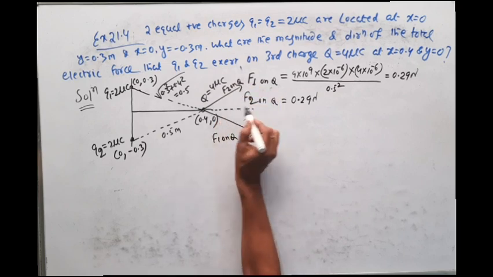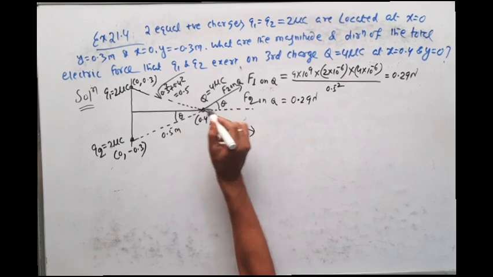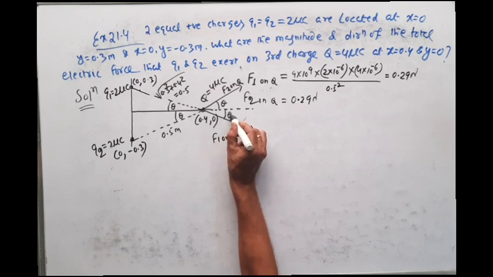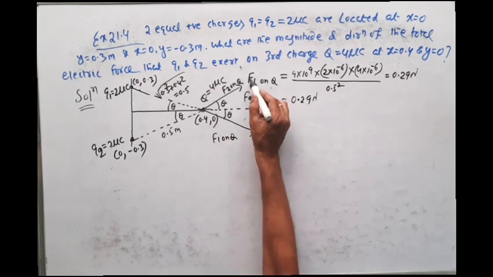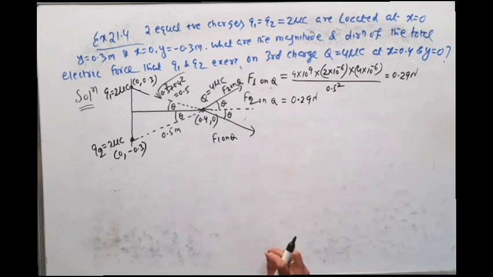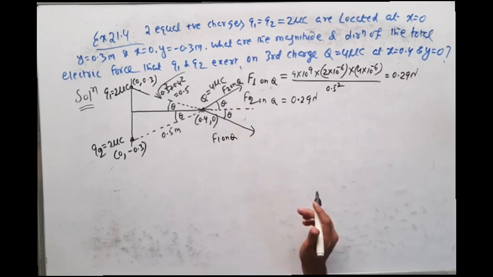So just extend this. Let us say this angle is theta. This angle is also theta, and this is also theta. So now how will we add these two vectors? You know there are various laws, the triangle law of vector addition, the parallelogram law of vector addition. But it is better to take the addition by which method? Using the component method.